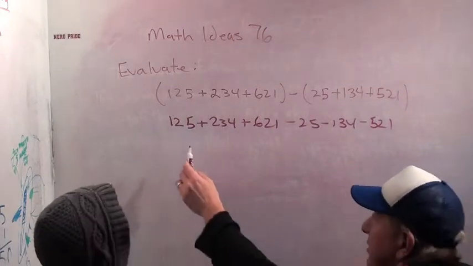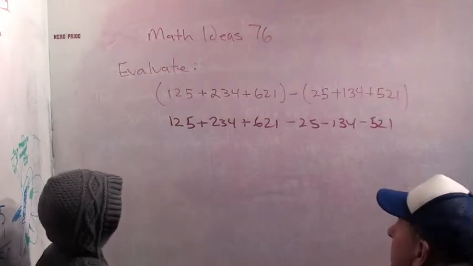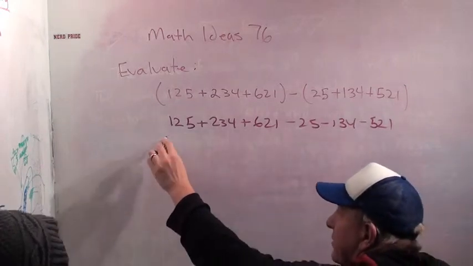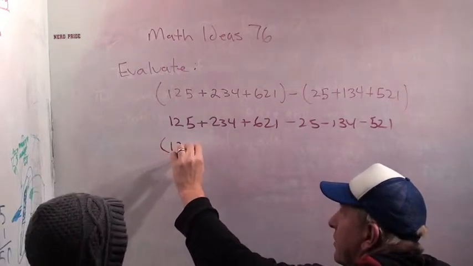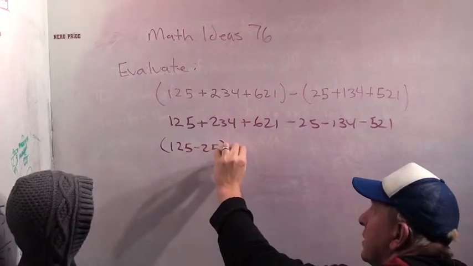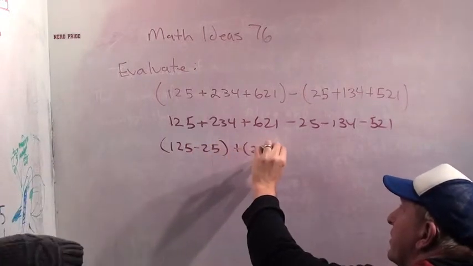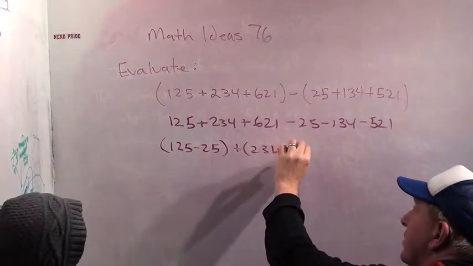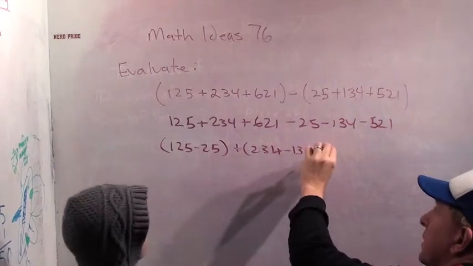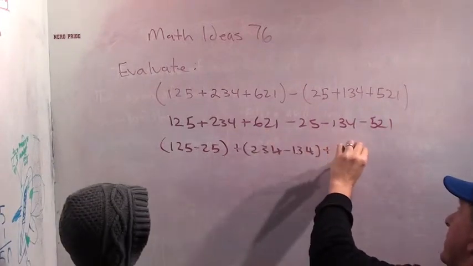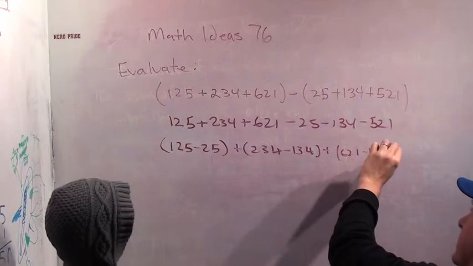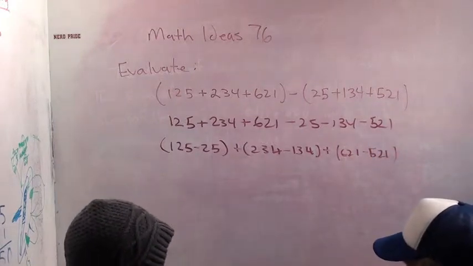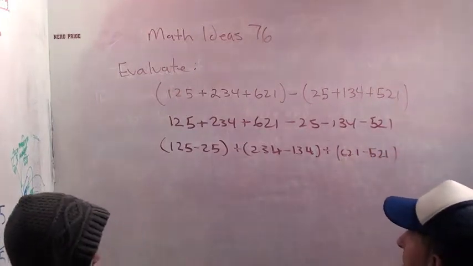We can move this minus 25 over here and have 125 minus 25 plus 234 minus 134 plus 621 minus 521. These are just some special properties about numbers.